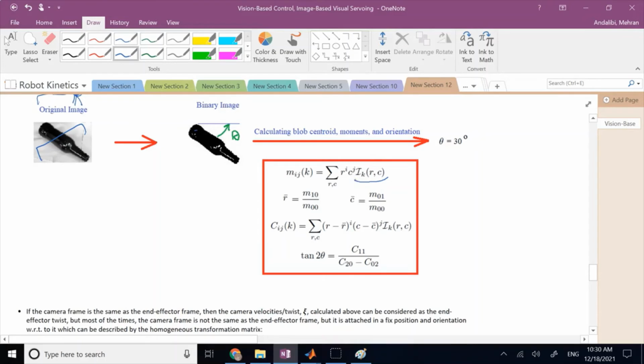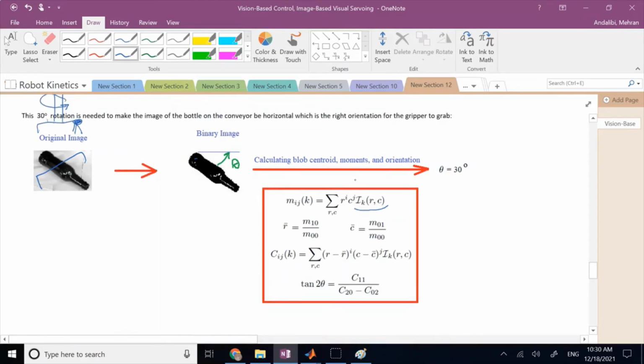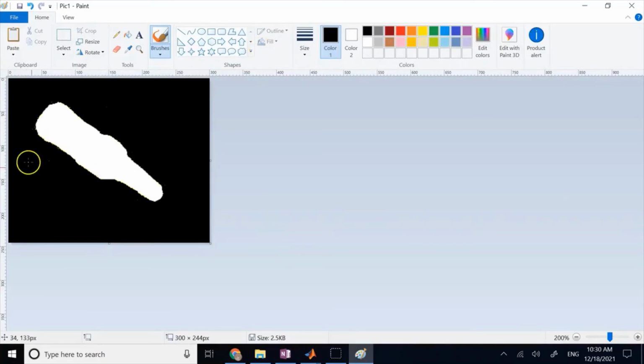Okay? So you can do all of this in the Computer Vision Toolbox of MATLAB. If you have it, there is a command that does all of these calculations for you. If you don't, then you can write your own code. All you need is to be able to read the image in using the command imread. So here I show you an example. This is the same blob, right?